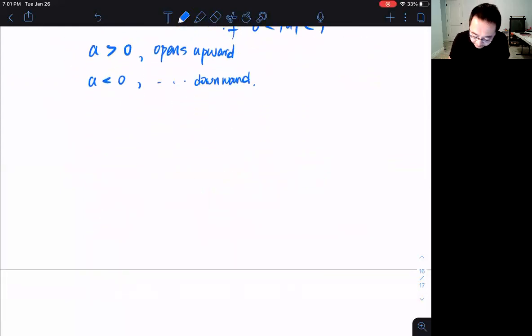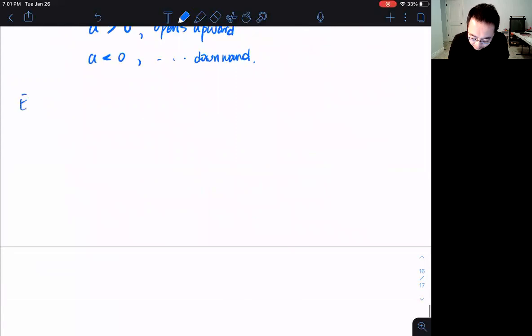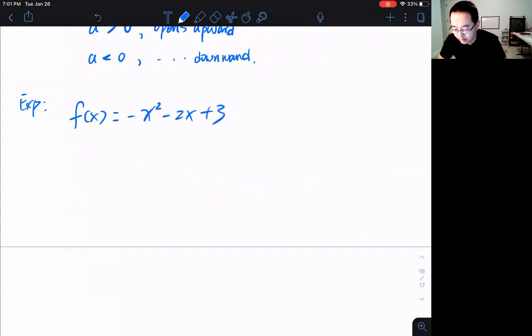Let's say we have a function f(x) equals negative x squared minus 2x plus 3. I want you to find the vertex, where the graph changes direction, and the x-intercepts. Now if we change this a little bit, then we can apply the rule we have above.